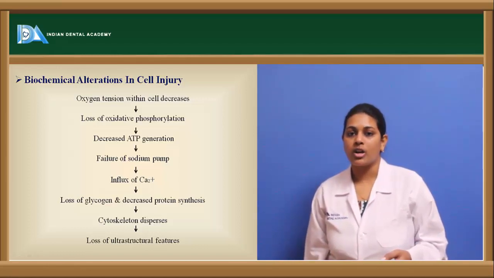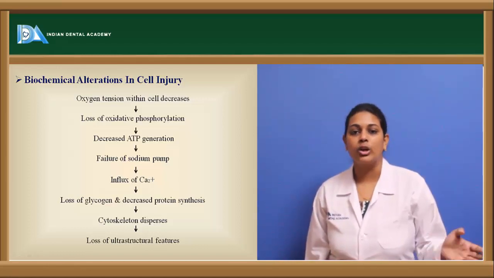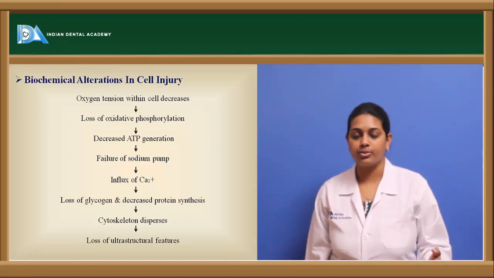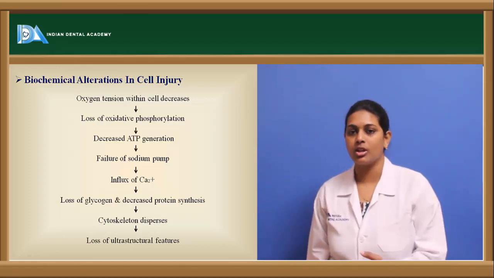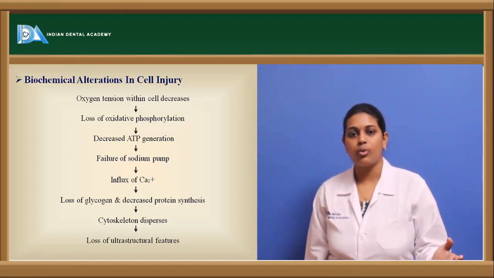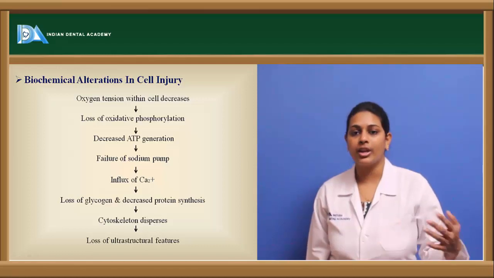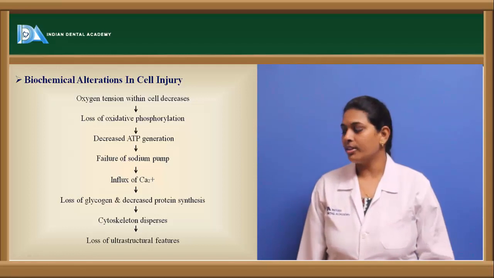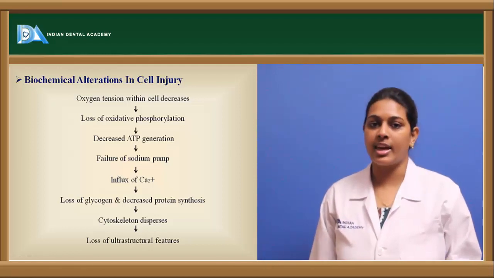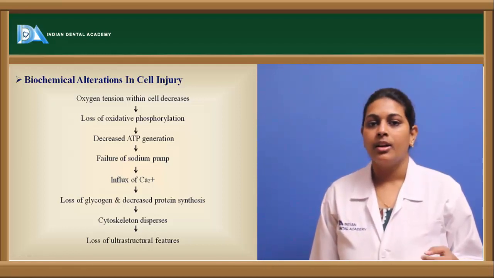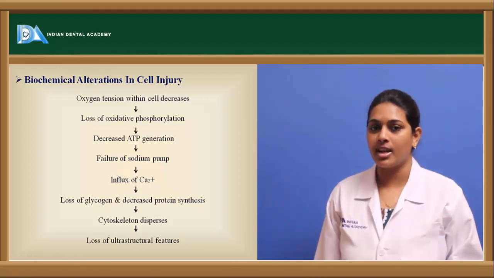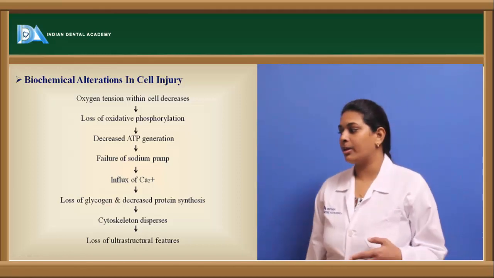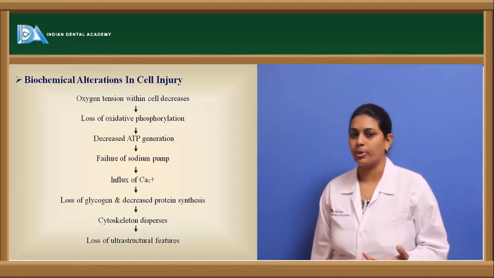The sodium pump is a process where calcium goes out of the cell membrane from one solute to another solute, whereas the sodium and the water move from the opposite area to the area where the calcium has exited. Because of the loss of escape of calcium out of the cell membrane, there will be influx of calcium, that is, there will be an increased presence of calcium within the membrane, by which there will be loss of glycogen and decreased protein synthesis.